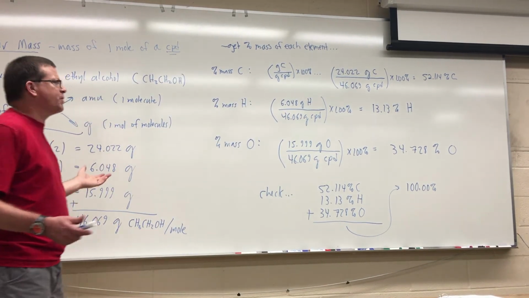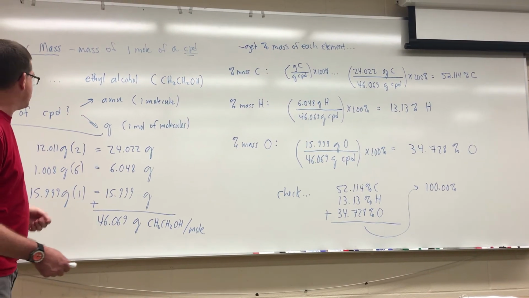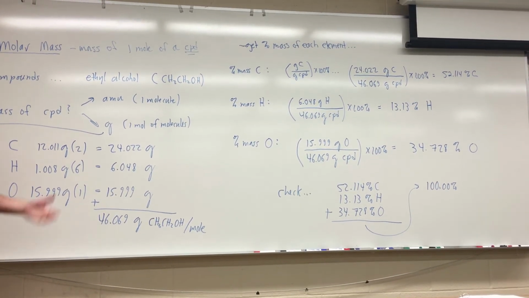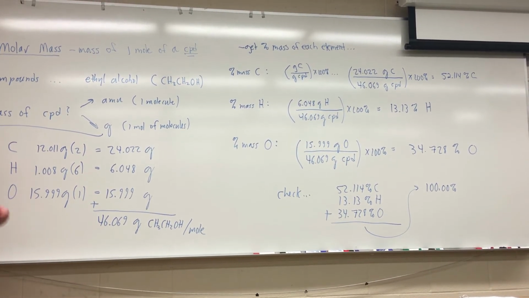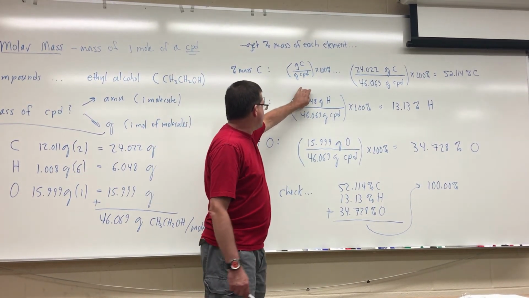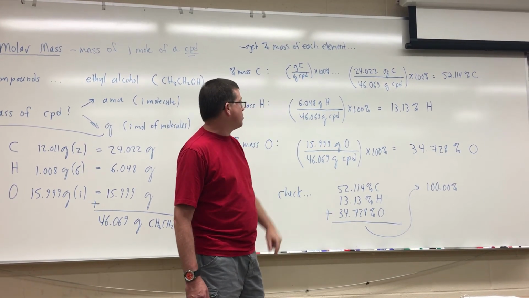I can do the same thing with the hydrogen. If I want to calculate the percent mass of hydrogen in the compound, I'm going to take the total mass of hydrogen that I have in the compound, and I'm going to divide it by the total mass of the compound itself per mole. All right? So I get 6.048 grams of hydrogen divided by the 46.069 grams of compound times 100%.